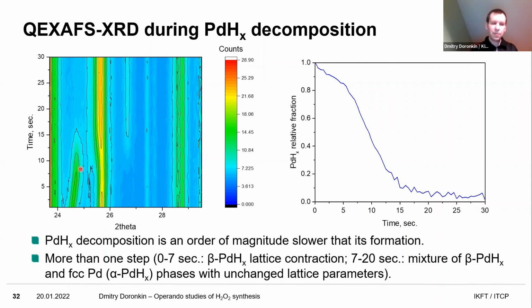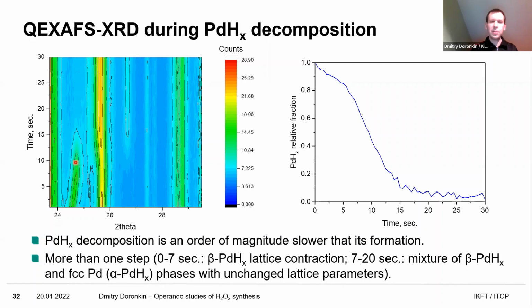And with X-ray diffraction data, we can clearly see we have a 311 reflection of beta palladium hydride, which moves to higher theta angles, which means structure contraction. But it stops at some point. So while it moved, it just breathed out hydrogen, but still we had a hydride structure untouched.